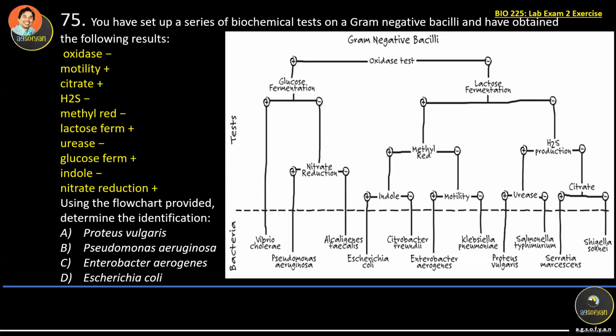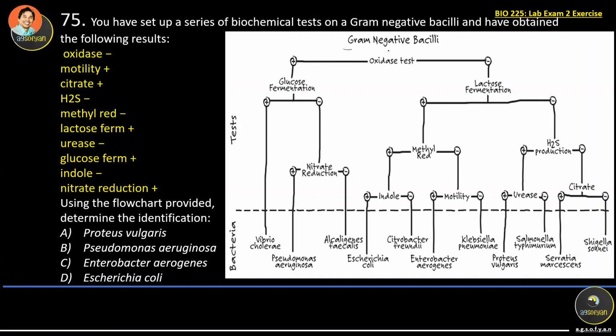Okay, now this tests your ability to interpret the results of your test. Remember, the first thing that you have to do is to isolate a pure culture and then perform the Gram stain test. Now, after the test, let's say you get Gram-negative bacilli.